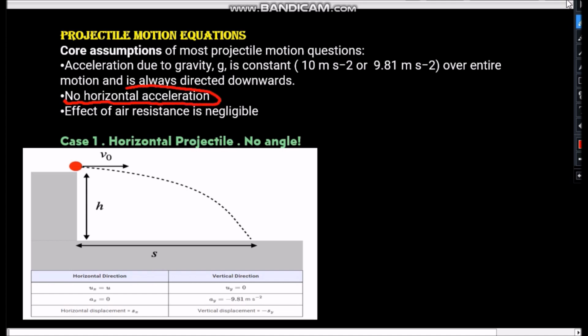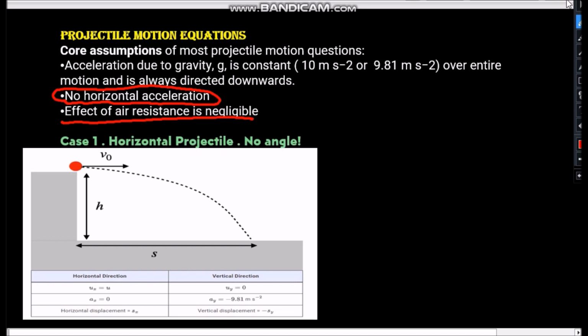Don't forget these assumptions. The effect of air resistance is negligible. We have to neglect air resistance, because if there is resistance, it doesn't work. So these are the assumptions.